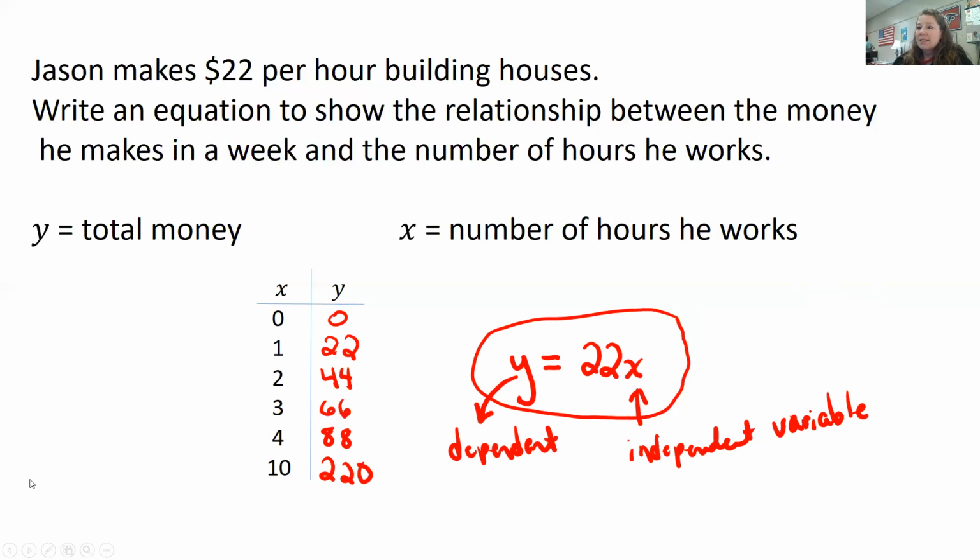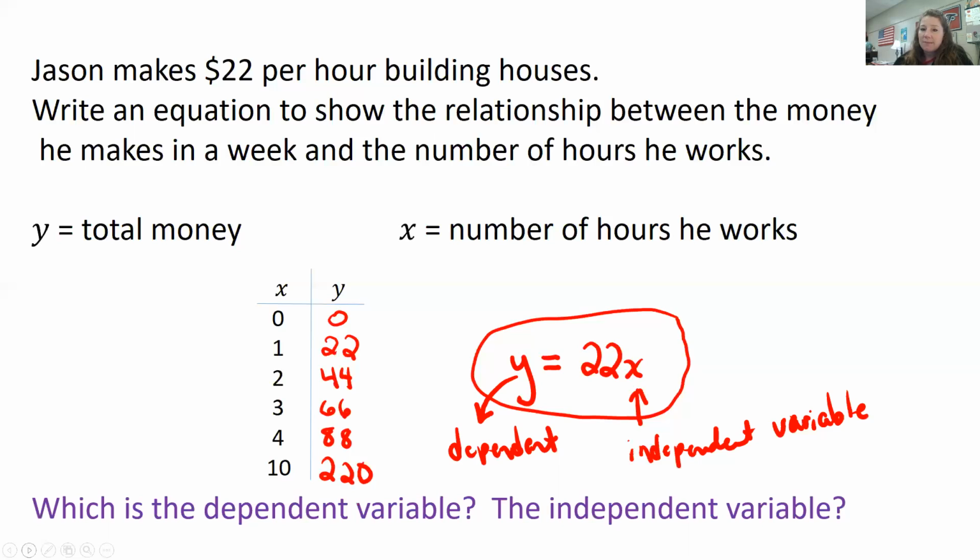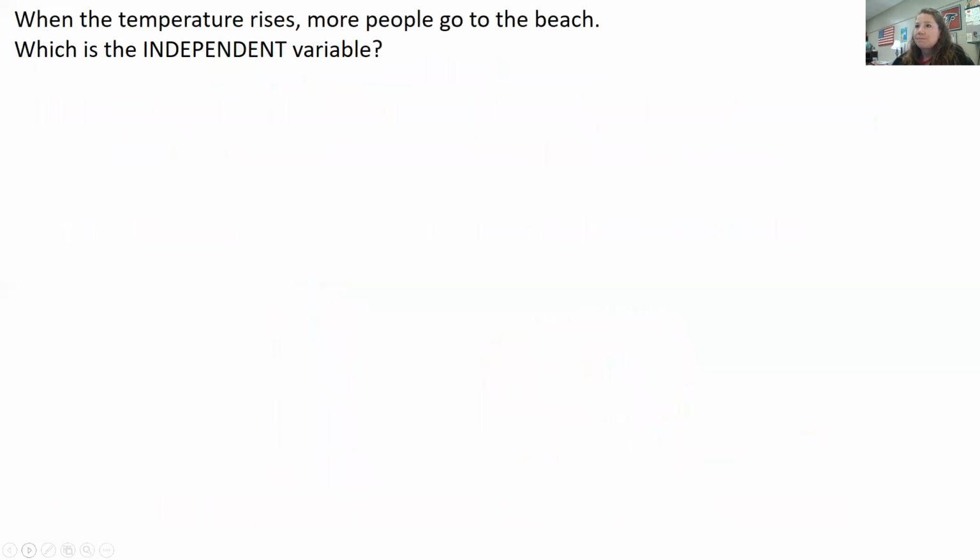Total money is dependent, number of hours is independent, okay? And in most scenarios that I can think of that deal with money, that money's always going to be dependent on something else. Money's going to be the dependent variable.